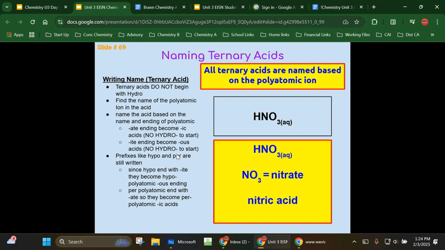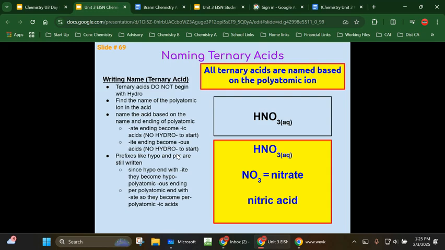By the way, what if the ending was NO2? Well, the polyatomic would change its name to nitrite. The acid would change its name to nitrous acid. What if it was just NO? Hyponitrous acid. There's the entire naming system for acids.